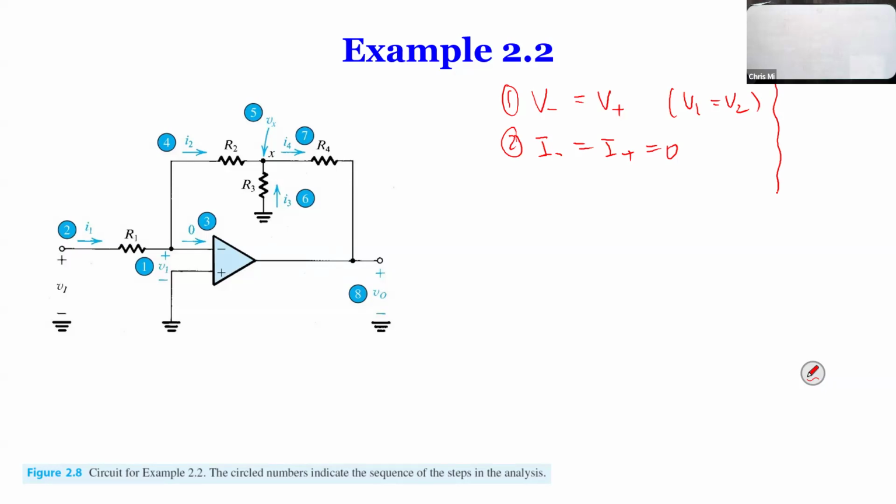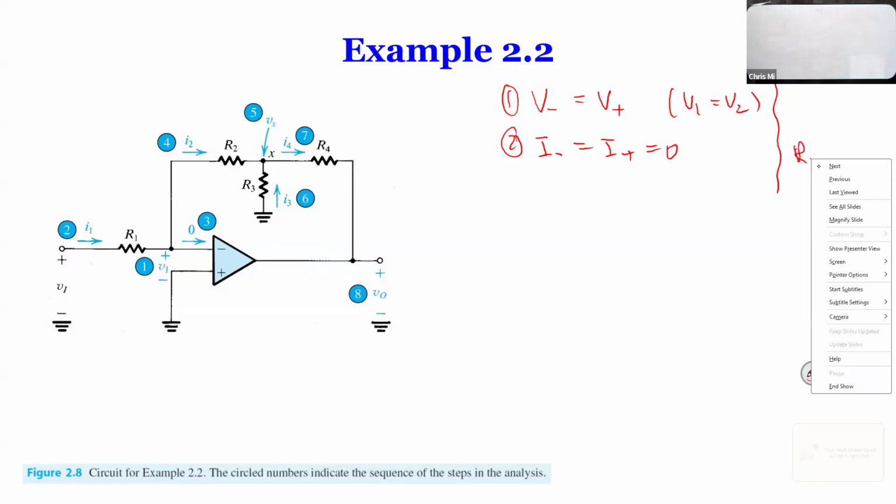These are derived from the properties of op-amps. Like the first property, how did we derive it? Because the gain is infinity, right? So that's how we derived the first one. How did we derive the second one? Because the input resistance is infinity.